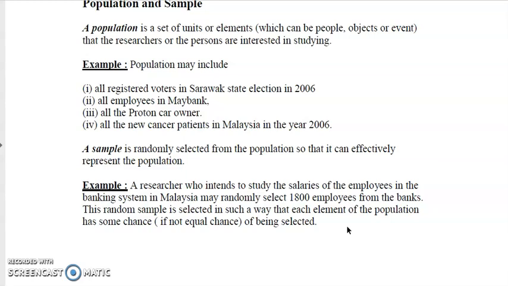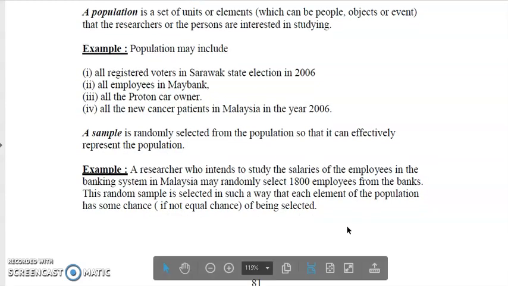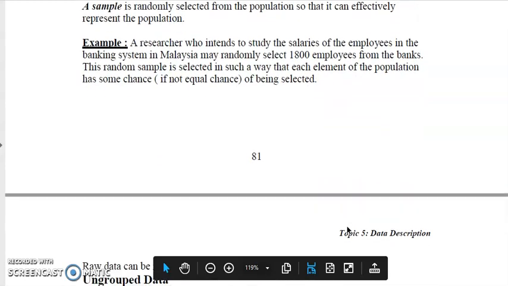But we cannot have all the students, no. So we are just going to choose randomly. Maybe we pick one school from Pahang, one school from Kelantan, and so on to represent our population. This is just some example, okay? So I hope you're clear on the difference between population and a sample.